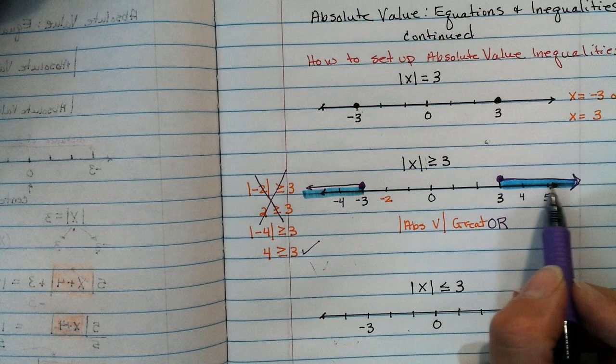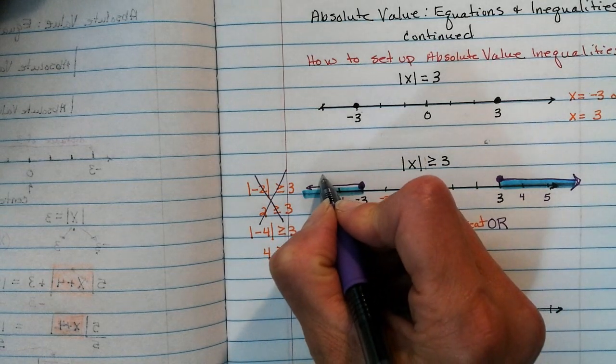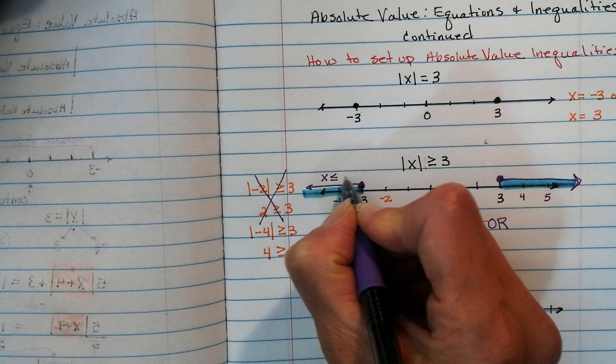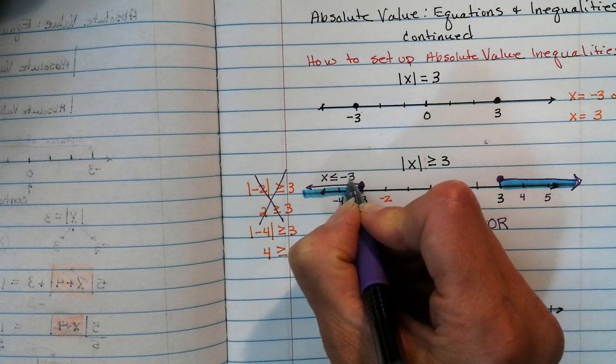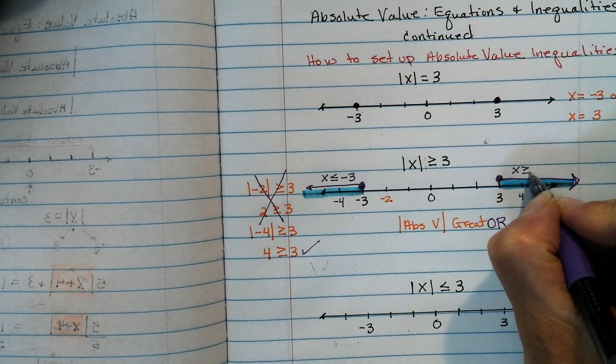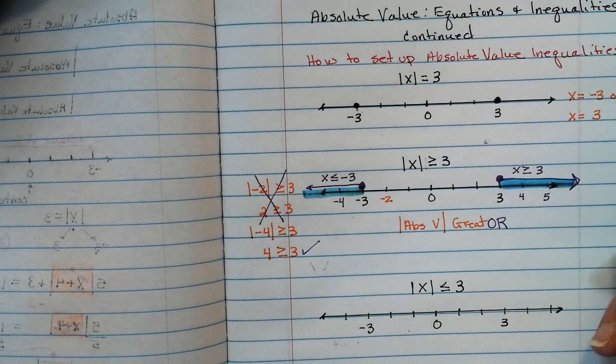So this would mean that our answer would be, this is where x is less than or equal to -3, and here is where x is greater than or equal to 3.